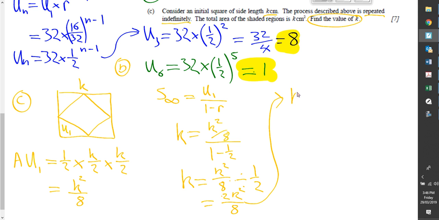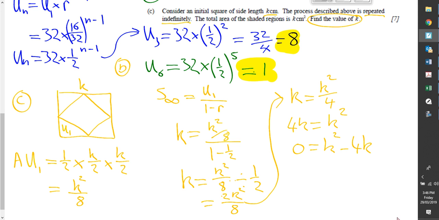We'll have k is equal to k squared over 4, which we multiply both sides by 4, and we'll end up with 4k is equal to k squared. And then let's make it all equal to 0, and we'll end up with a quadratic. So 0 will be equal to k squared minus 4k.